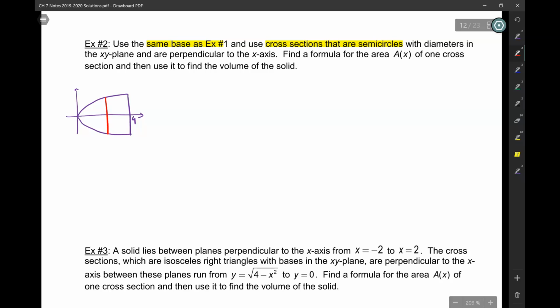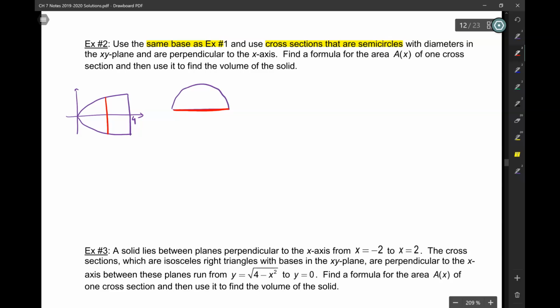So first we said draw a cross section. That's a semicircle. The diameter, which is that red line, is this.